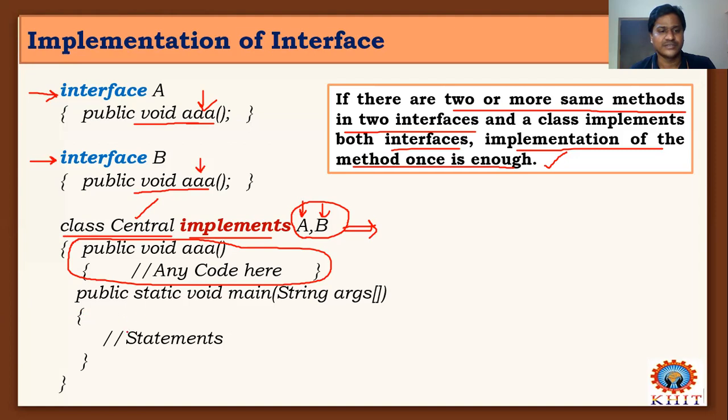And coming to this point to remember: if there are two or more same methods in two interfaces and a class implements both interfaces, the implementation of the method only once is enough, right?